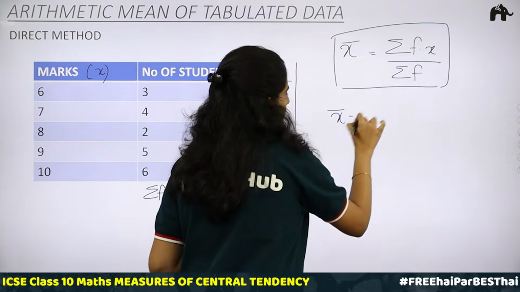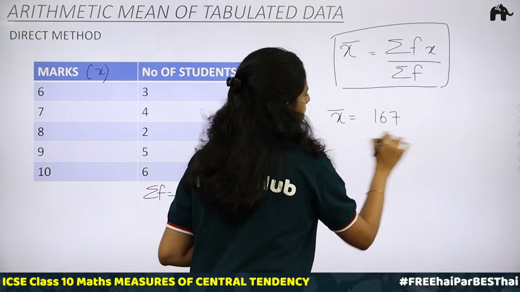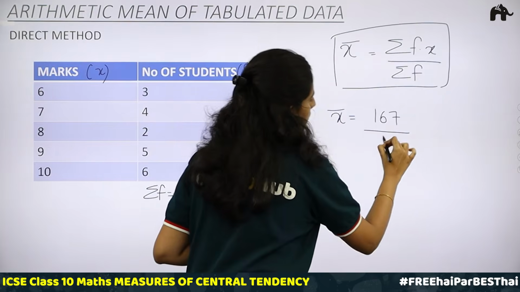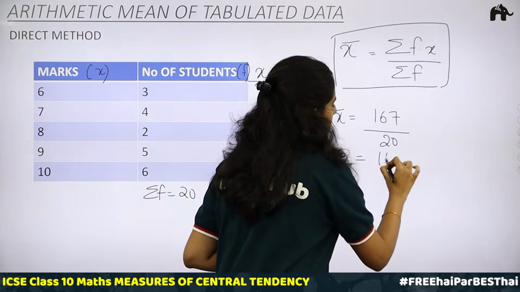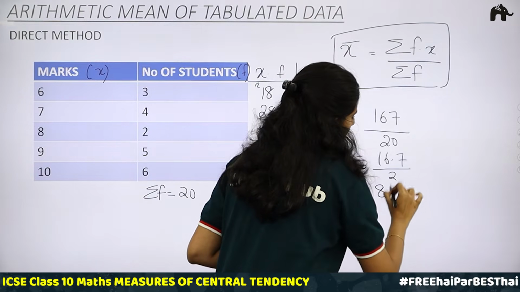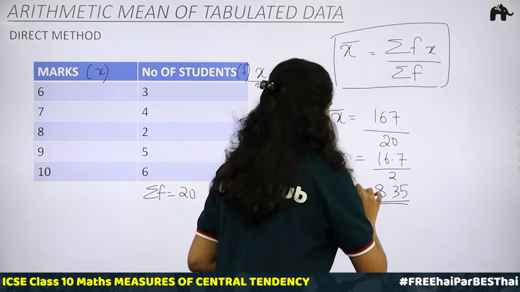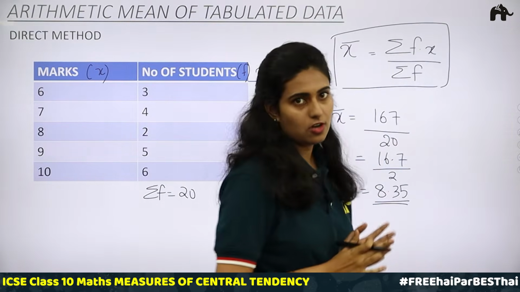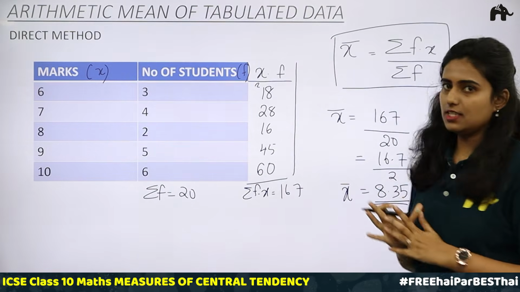Arithmetic mean is equal to sigma fx, 167, divided by sigma f, 20. What is the answer? This can be written as 16.7 divided by 2 and that is equal to 8.35. So, using the direct method, we have got the arithmetic mean equal to 8.35.